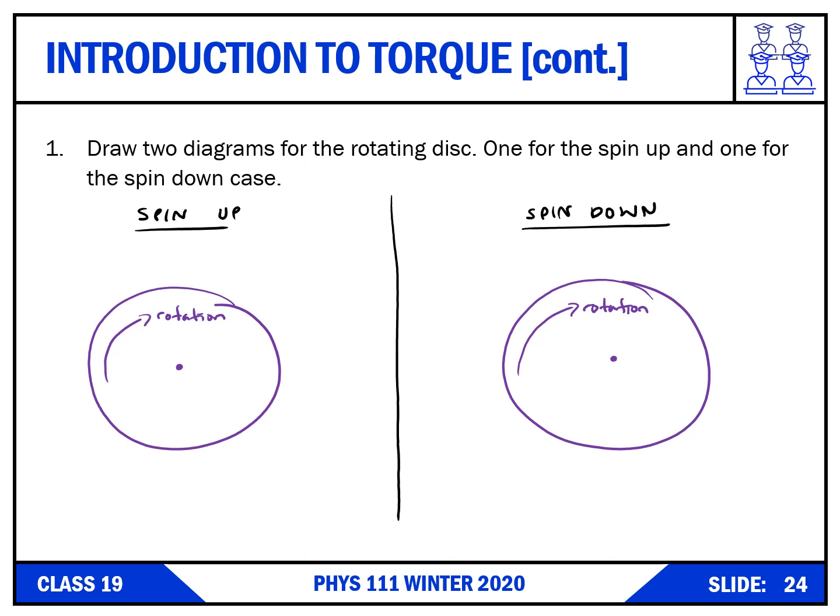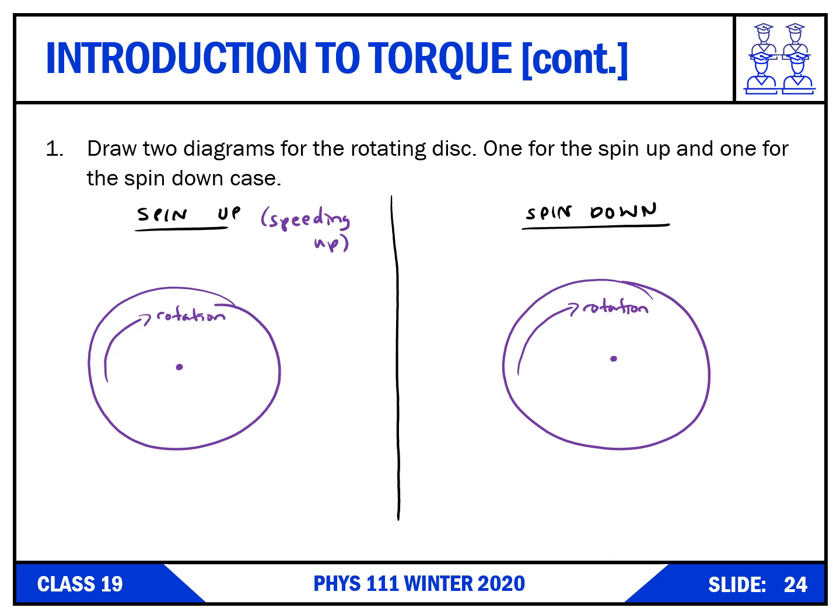What this essentially means, from spin up to spin down, is two different scenarios. The first scenario is when you've switched on the motor and it's taking 4 seconds for the wheel to speed up from rest to 600 RPM. So this is spin up, or speeding up.